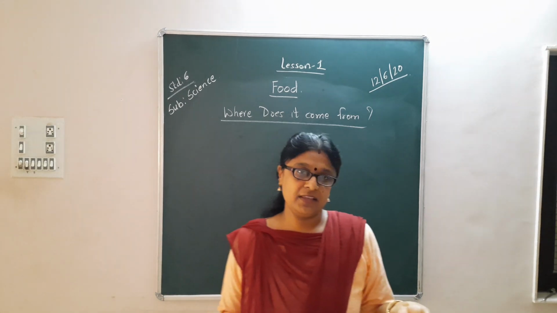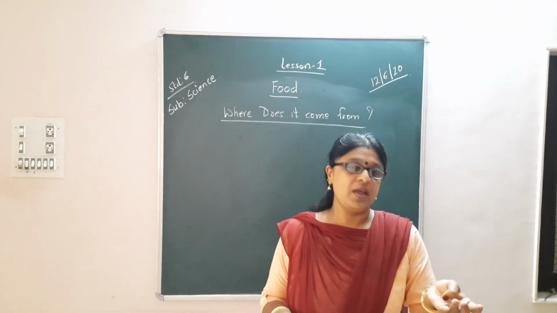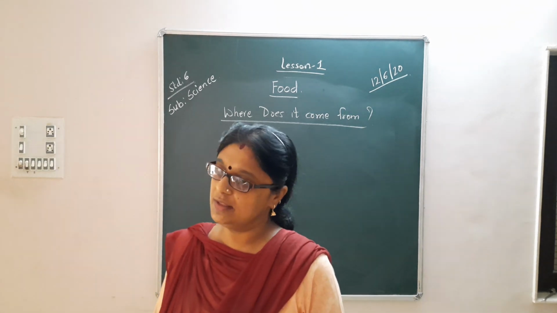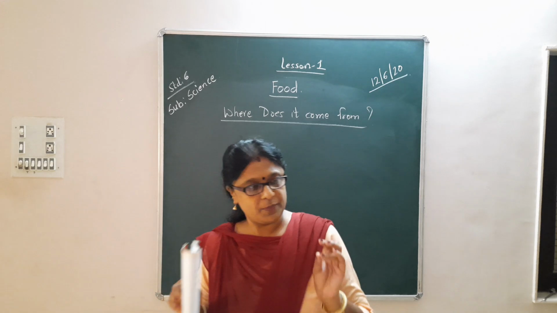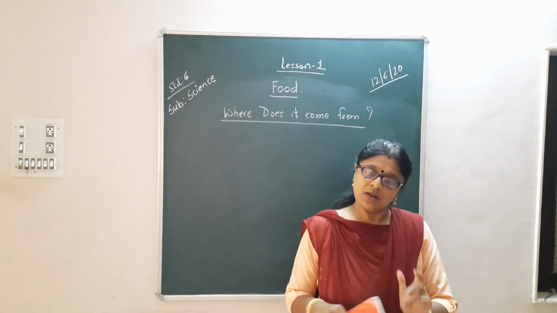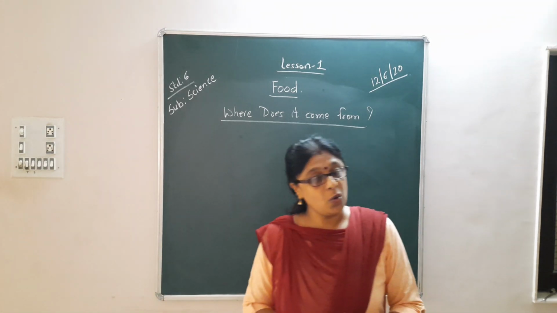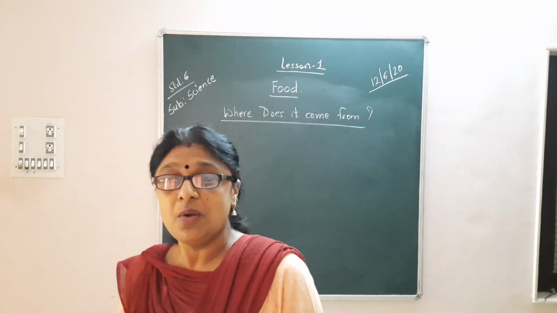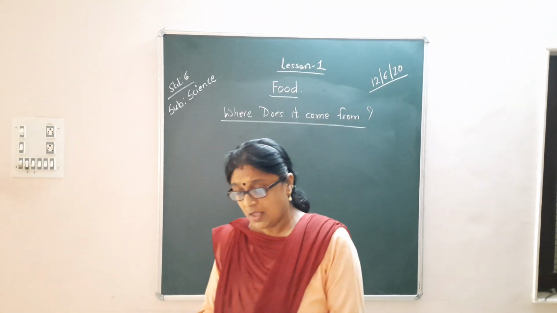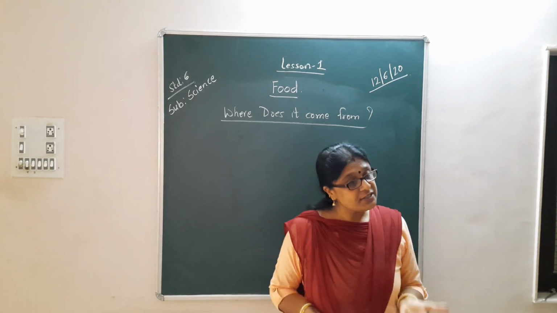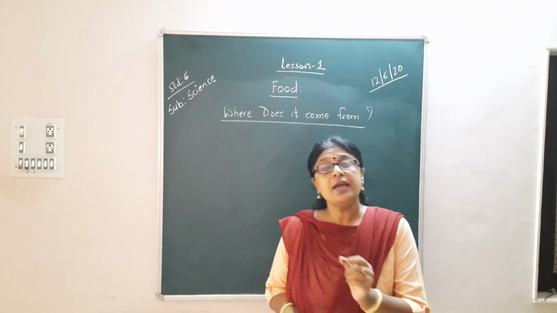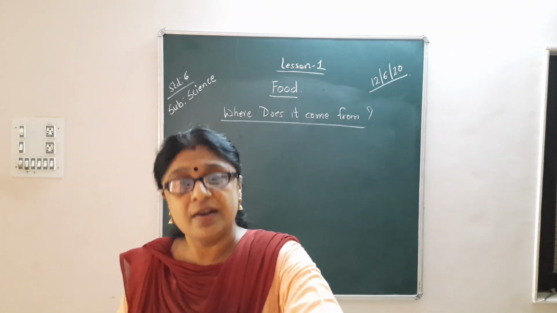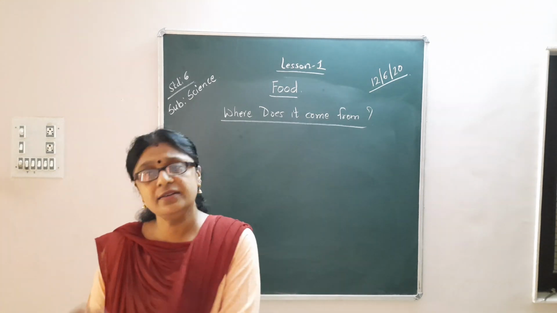We have chapati, rice, dal and vegetable curry. This is there in all the houses. Does your mother prepare potato curry every day? No. Every day she prepares a different kind of food. So there is a variety of food items in our regular lunch and dinner.